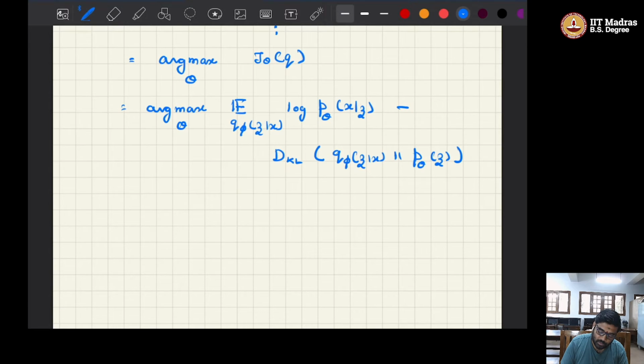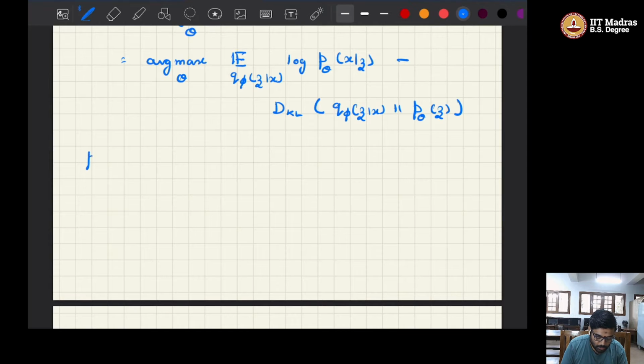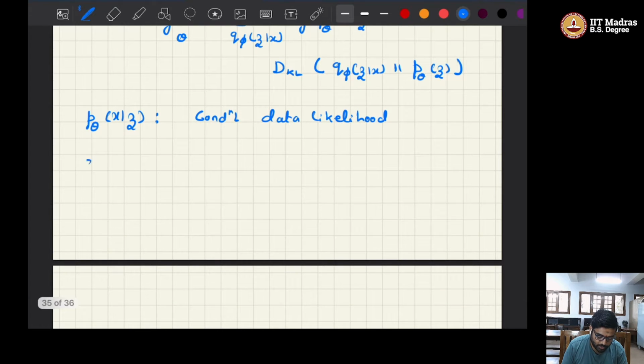Here, if you recall, p theta of x given z is what is called the conditional data likelihood, and q phi of z given x is the variational latent posterior.